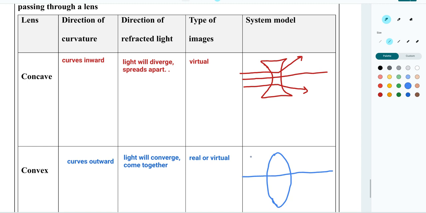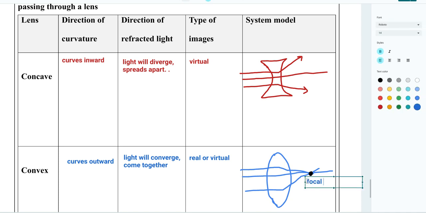Sorry for my not so straight lines. Lines that are traveling parallel will converge at the focal point. Here's our focal point. Remember, this middle line here is your optical axis. And we also have our optical axis here as well.